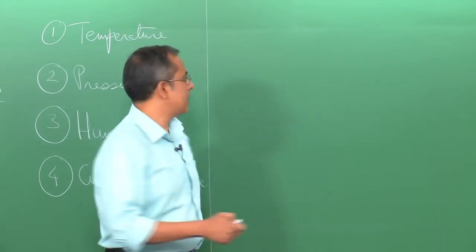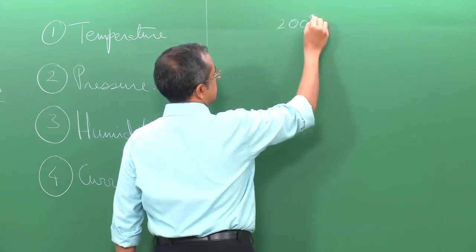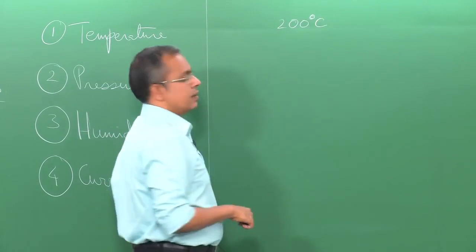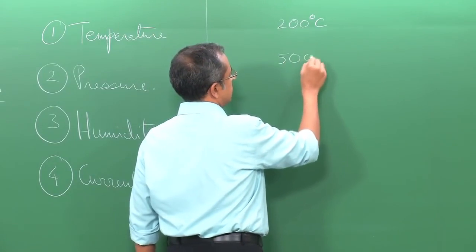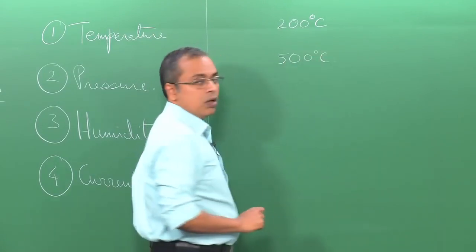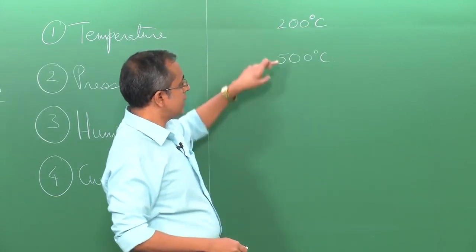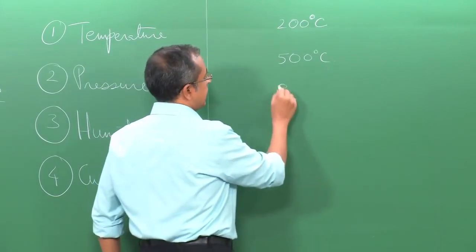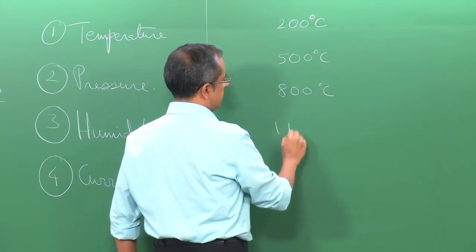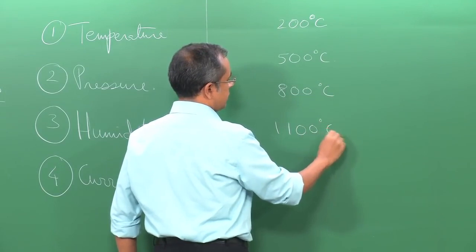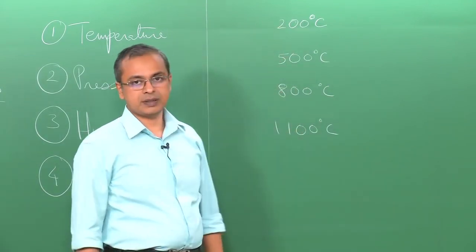For example, we may be running temperature experiments at say 200 degrees C. Somebody else may run an experiment at 500 degrees C, or you may have a series of experiments, one of which runs at 200 degrees C, another at 500 degrees C, another at 800 degrees C. At every 300 degrees C increment you may have an experiment, right. So, you can have experiments over a set of temperatures, right.